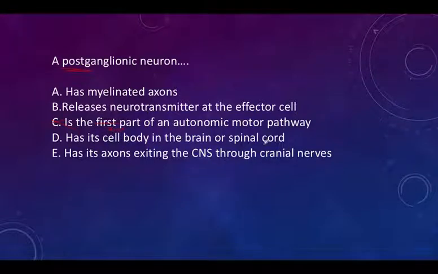Has its cell body in the brain or spinal cord? Has its axons exiting the CNS through cranial nerves? So it's not E, right, because that's characteristic of preganglionic. Remember the craniosacral term, so it is not D, because that's also a characteristic of a preganglionic neuron.